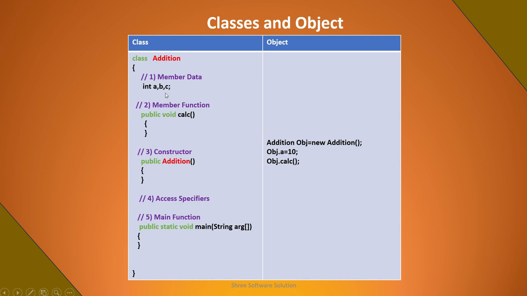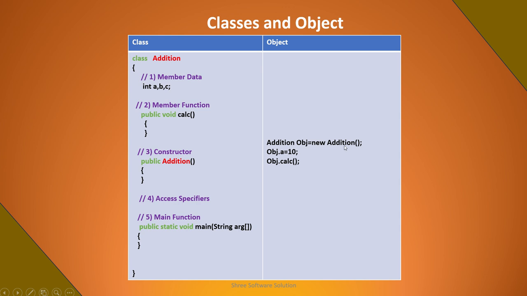Now, how do we access this class? We need to create an object in the main function. I'm just writing it outside of the main function, but normally these three lines need to be written inside this class. Here I have an object of the class name type.